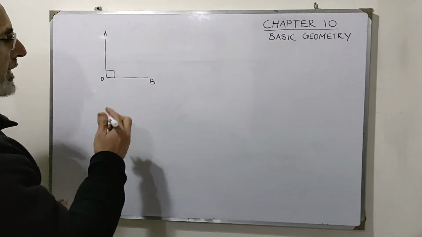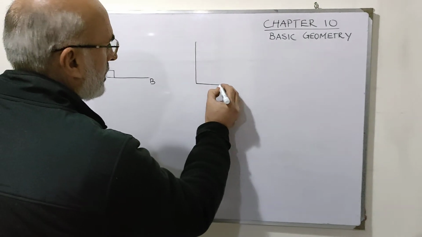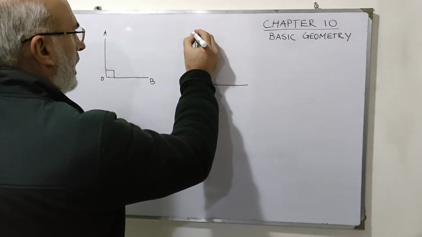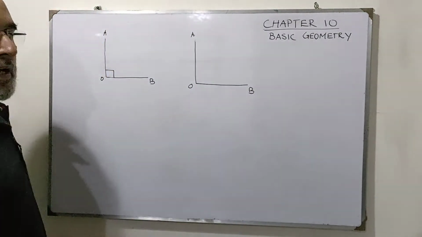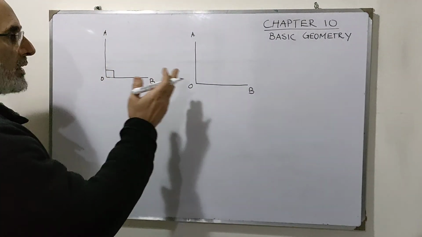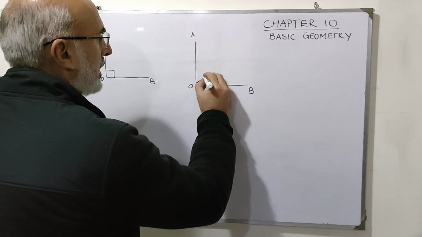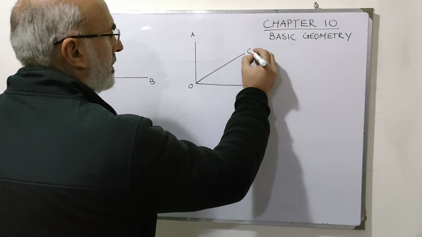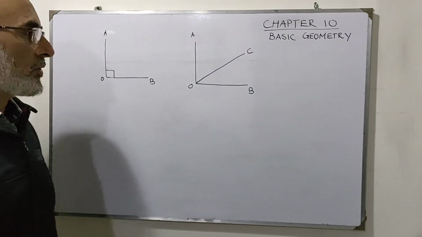So taking it further, if these 2 lines A, O, B, as we have here these 2 lines, the same are here, but I'm going to add another line like this. Now we have OA, OB, OC. We have 3 lines now, okay?